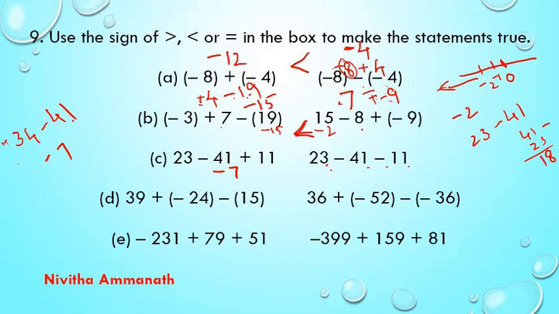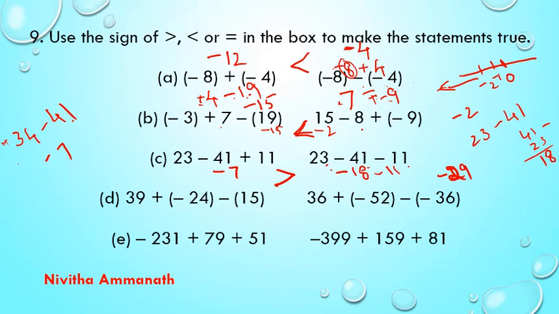Which is the largest digit? 41. So minus 18 minus 11. So it is minus 29, right? Minus 29. So minus 7 is greater than minus 29. So you have to put the sign of greater than here.